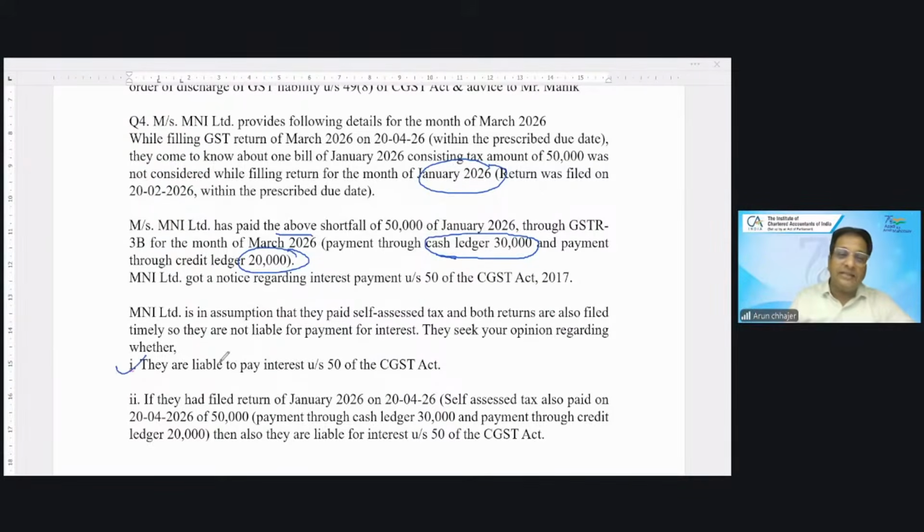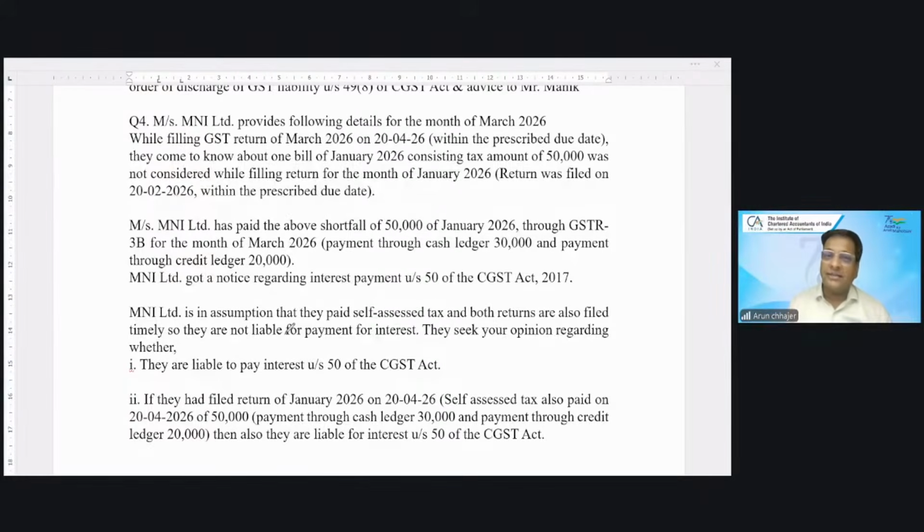Now tell me, are they liable to pay the interest or not? Just tell me in the chat. Will they be liable to pay the interest or not in this case? Please note, both the returns, whether January or March, have been filed within the due date.